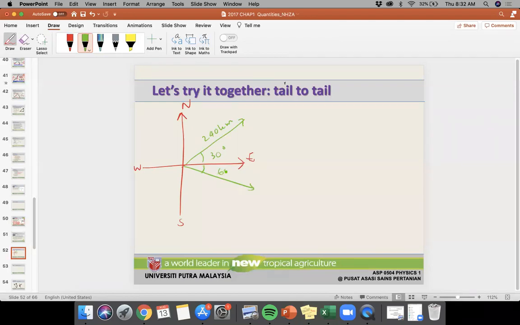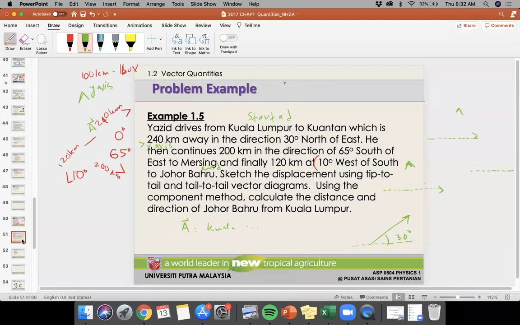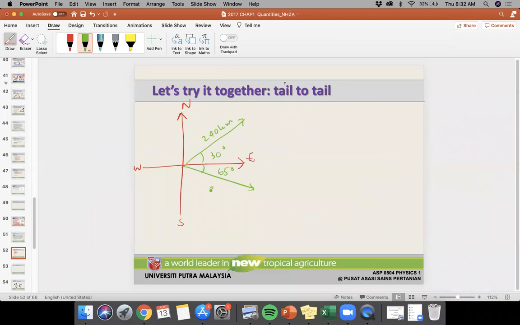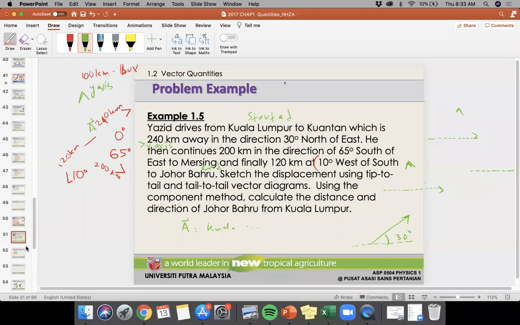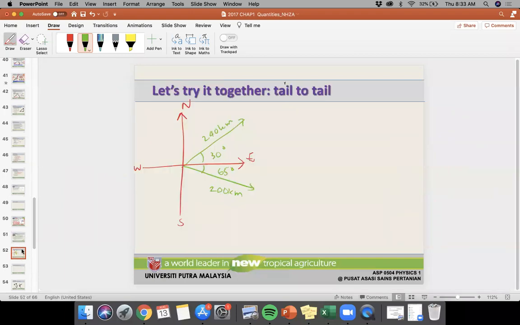Is it 65? 65 south of east, 200 kilometer. 120 kilometer, 10 west of south. Oh, I really can't remember stuff. Okay, so 120 kilometer, 10 west of south.